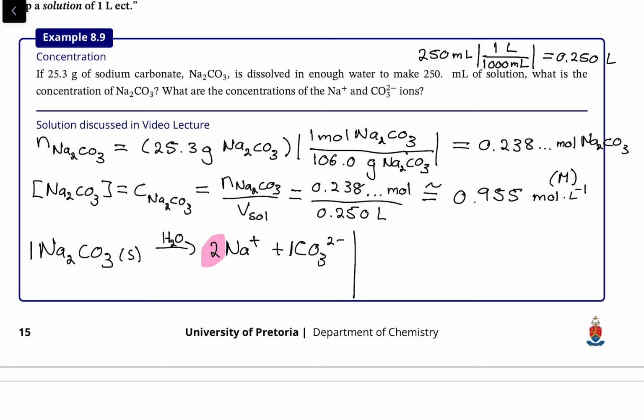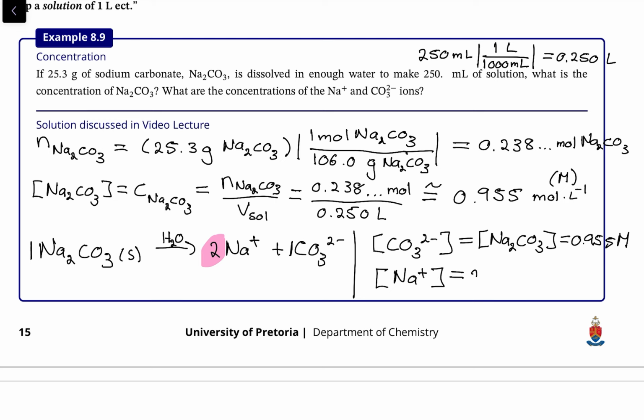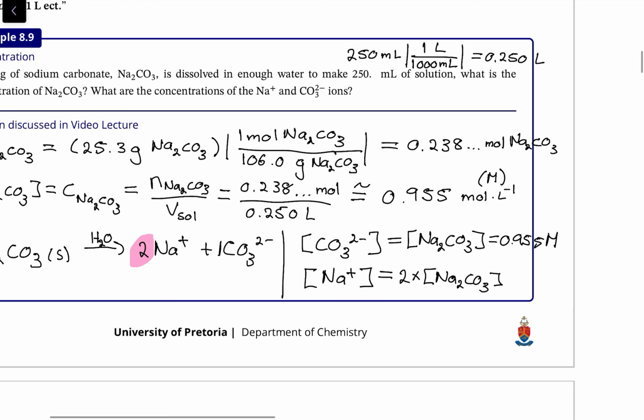And the answer is yes. So the concentration of CO3 2 minus is equal to the concentration of the overall thing, 0.955 molar. But the concentration of the sodium will be twice that. And why? Because for every 1 mole of sodium carbonate, there are 2 sodium ions that come from it.